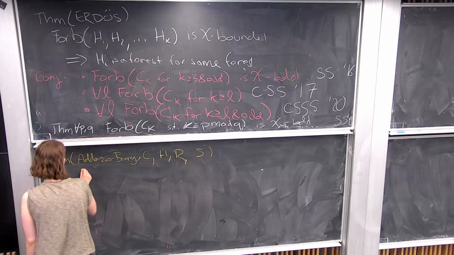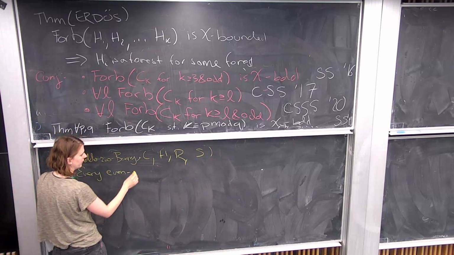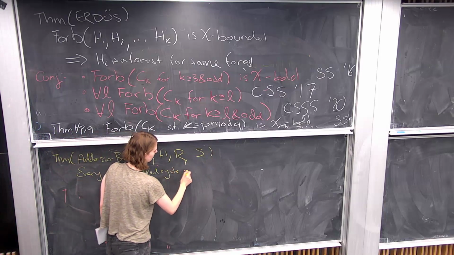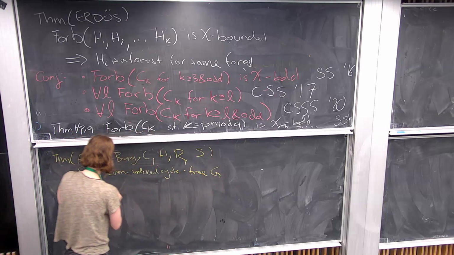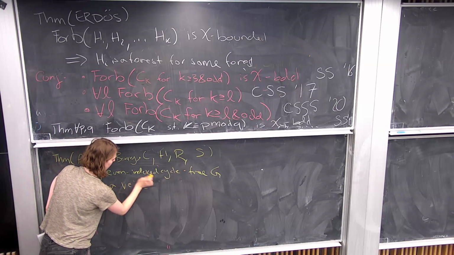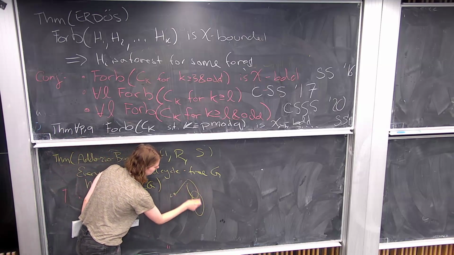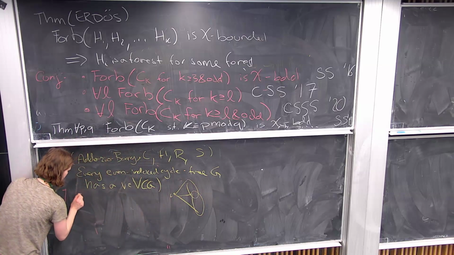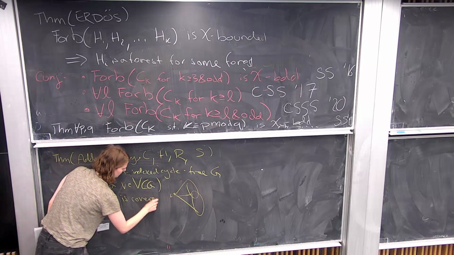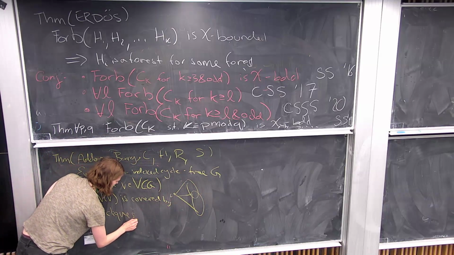Every even-hole-free graph, so no even induced cycle, G has a vertex whose neighborhood can be partitioned into two cliques.